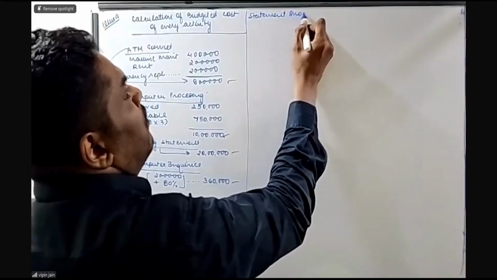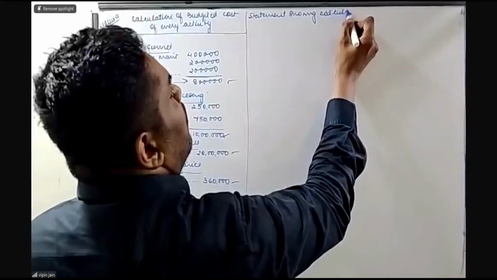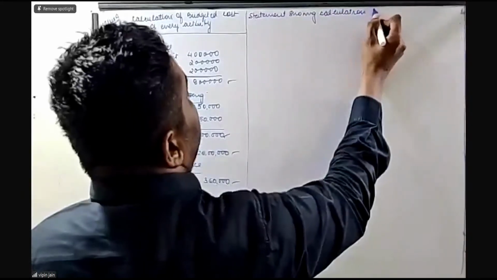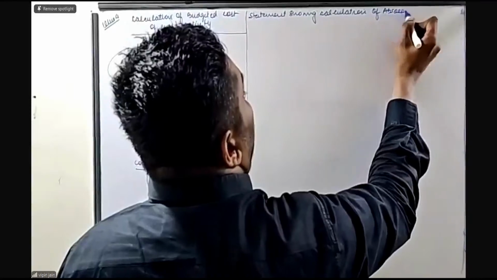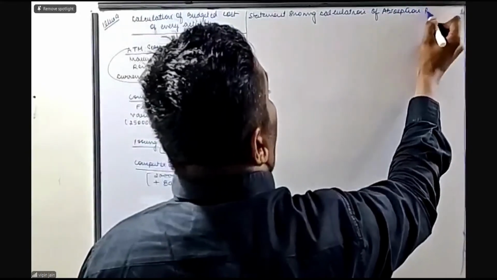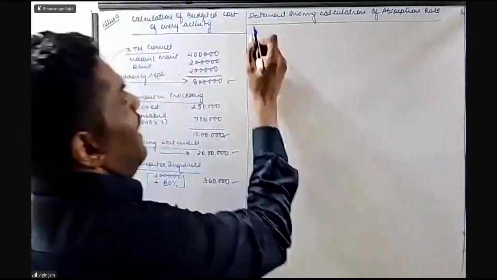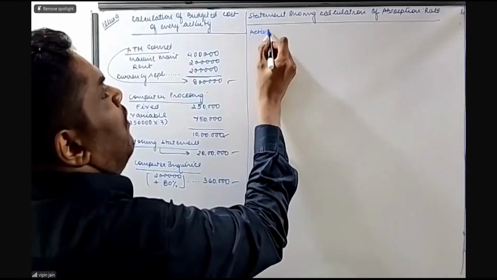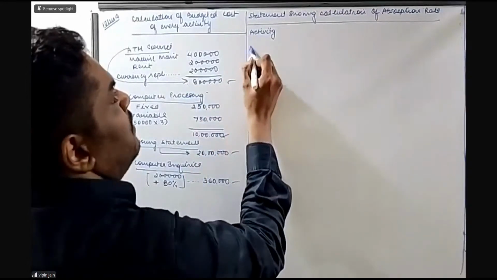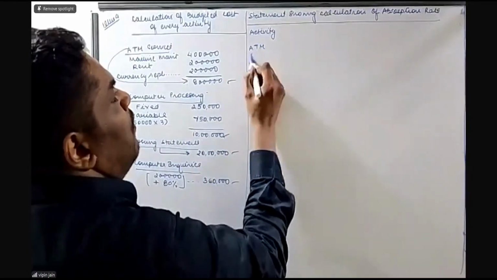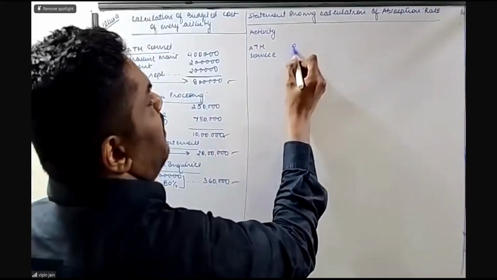Statement showing calculation of activity. First is ATM service. It is rupees 8 lakh.